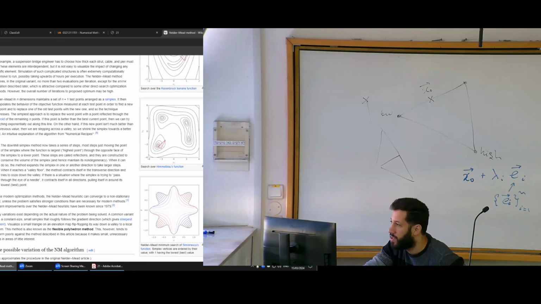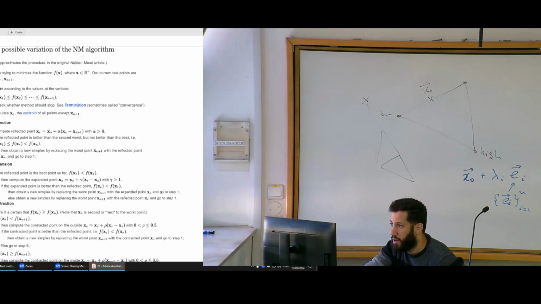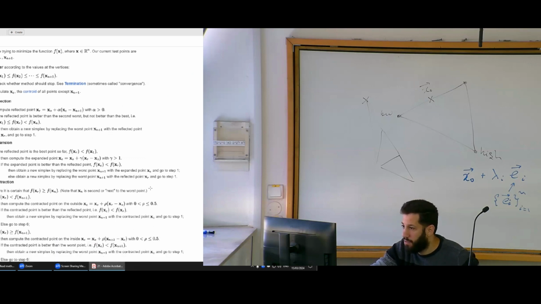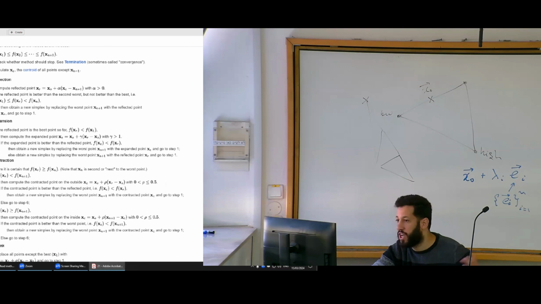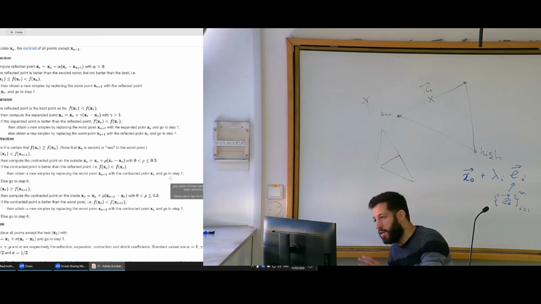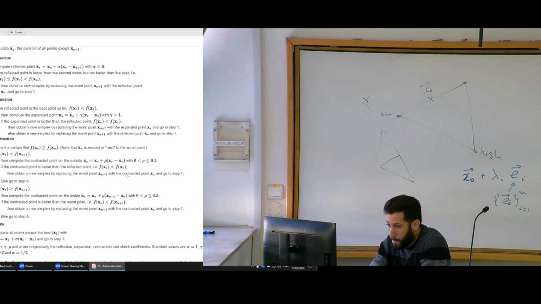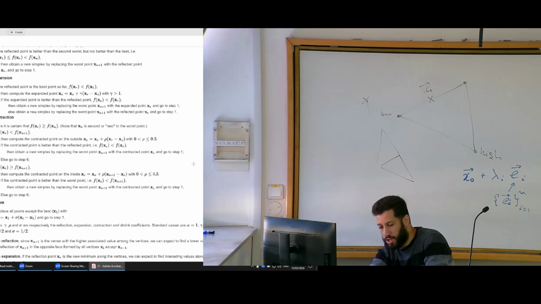We always calculate all the points, and then take a new point, which is the reflection of the maximal, the highest point, and after the reflection, we check many things. And we might expand, and we might contract. Any questions?